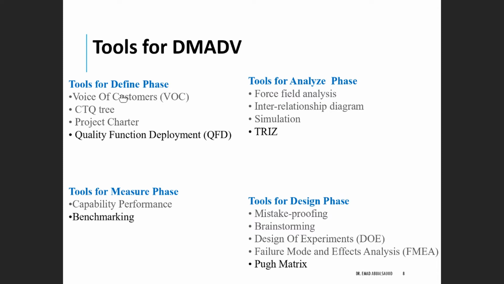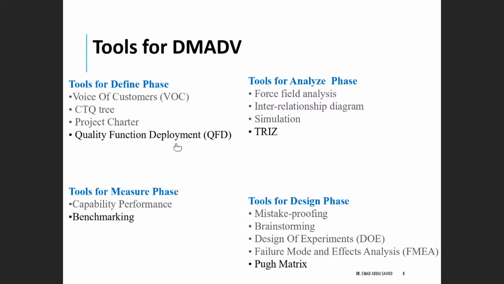But starting with the define phase, voice of customers, critical to quality tree, project charter, all this is covered in the define phase of DMAIC, so we're not going to repeat them. We will take a new tool here, which is quality function deployment, and it's a very important tool if you are going or planning to design a product or even a service, okay?